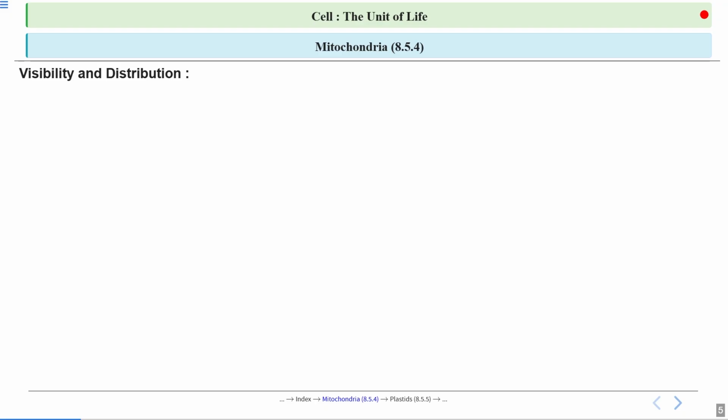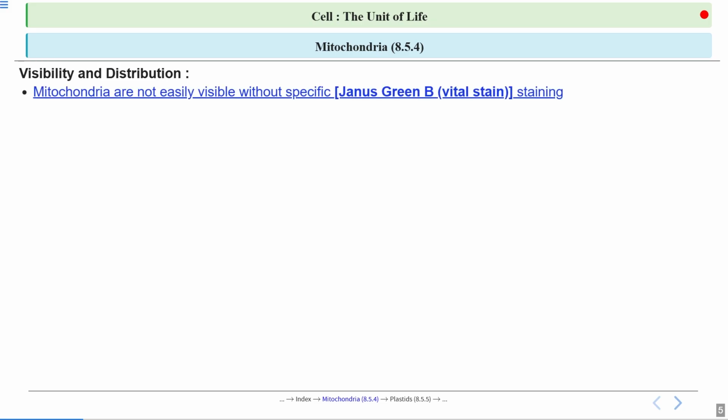So let's talk about the visibility and distribution of the mitochondria. How can you observe mitochondria? Just by viewing under the microscope, the mitochondria are not that easily visible.